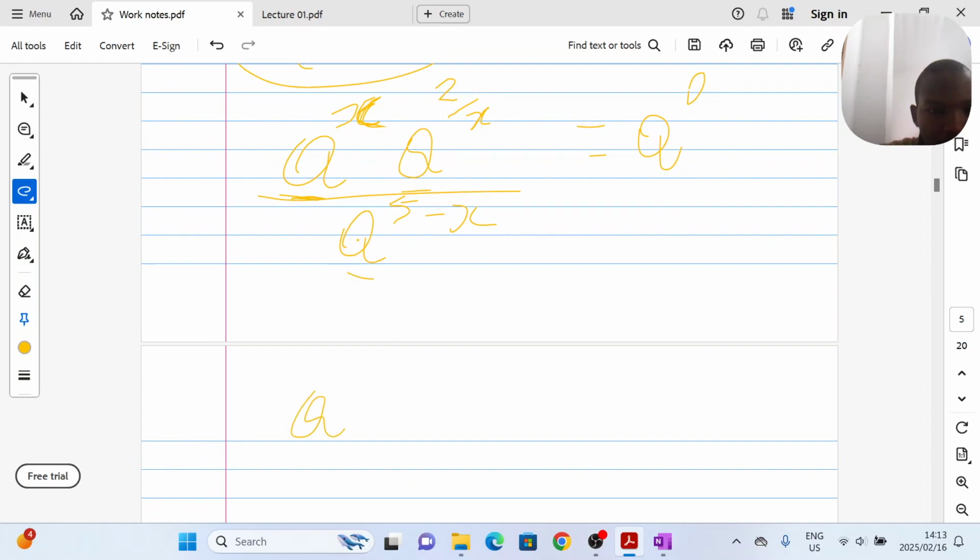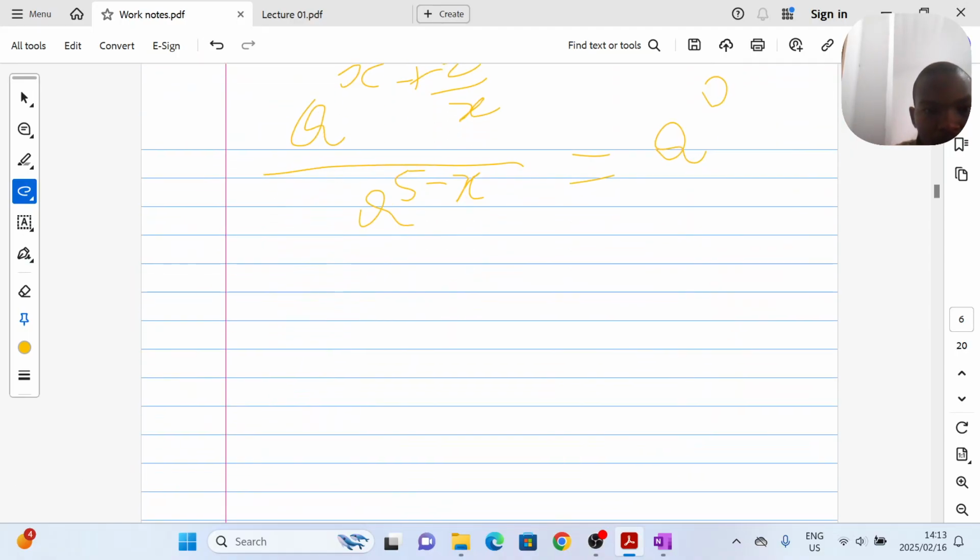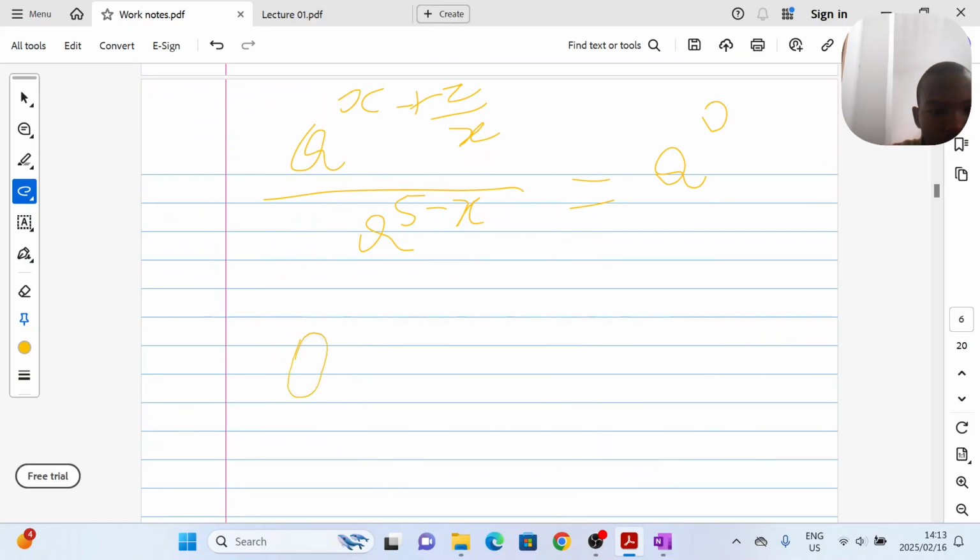So we're going to have a to the power x plus 2 over x, all over a to the power 5 minus x, and this is equal to a to the power 0. And of course, when dividing powers of the same base, subtract exponents. So you're going to have a to the power x over 1 plus 2 over x, minus the bracket of 5 minus x, is equal to a to the power 0.